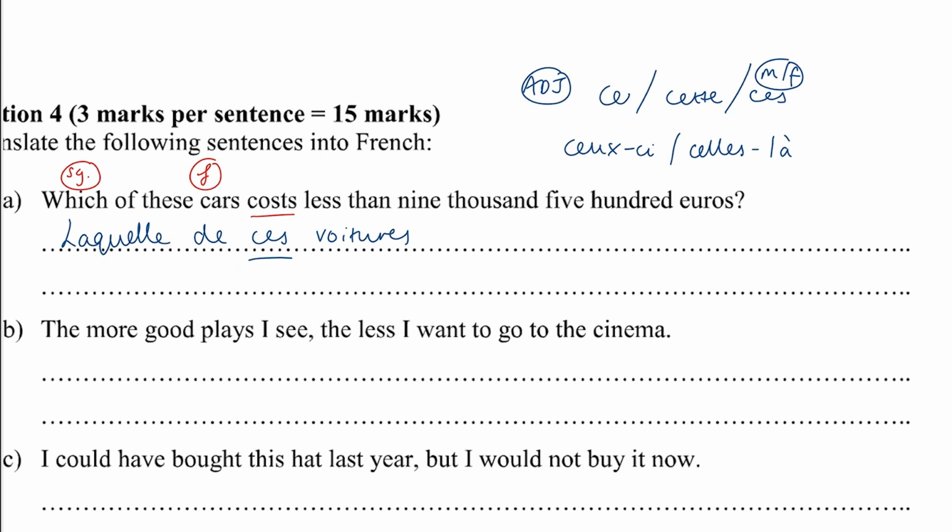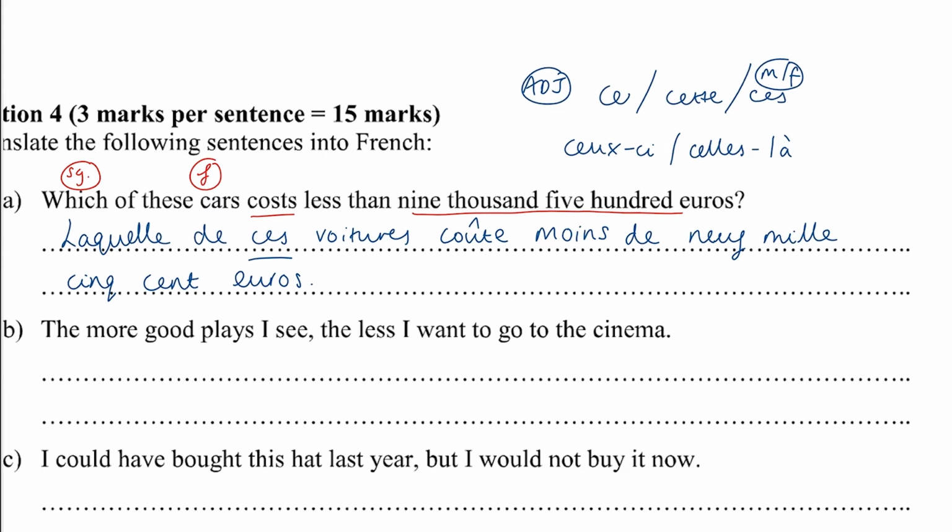Le prix de ces voitures coûte moins de 9,500 euros. Coûter is entirely regular. You know that you need to write those numbers out fully because the English writes them out fully, 9,500. So you need to do that in French as well. 9,500 euros. Notice that there's no plural markers on those mille and cent.